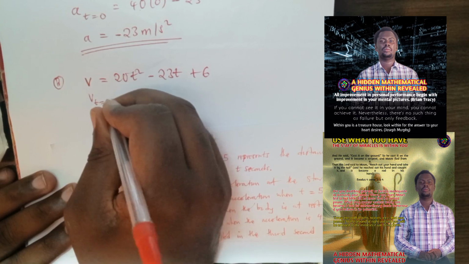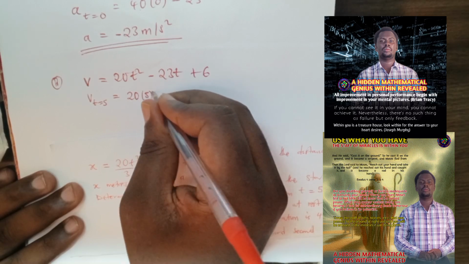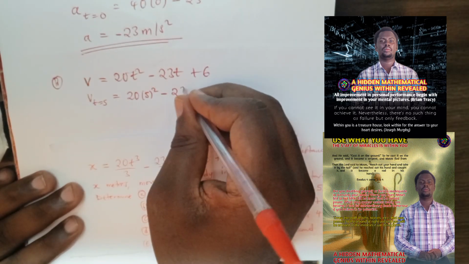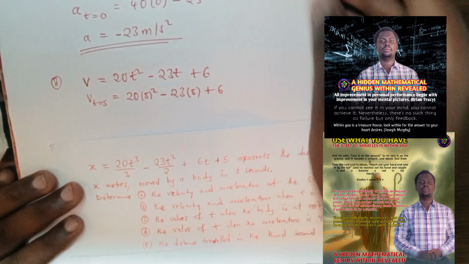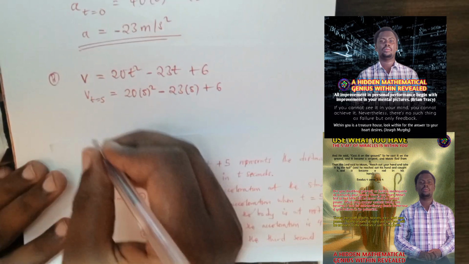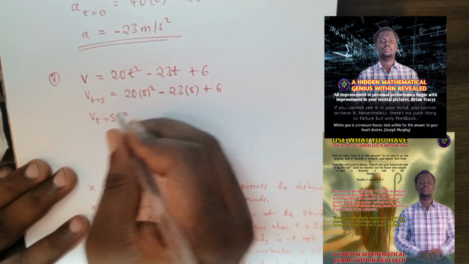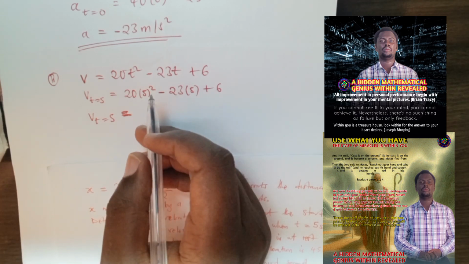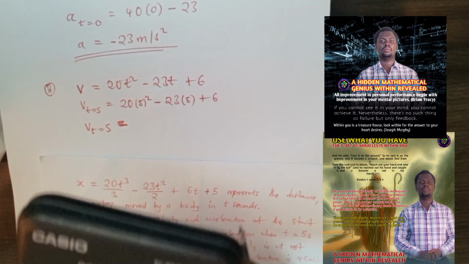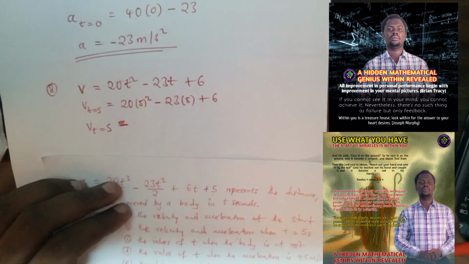So v at t is equal to 5 is equal to 20 times 5 squared minus 23 times 5, then plus 6. 5 squared is 25. 25 times 20, you get 500.